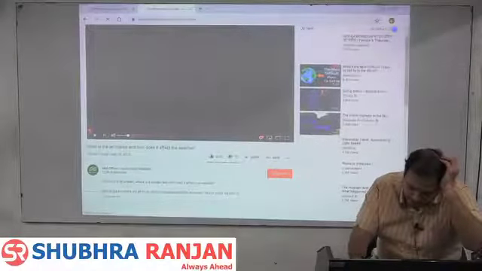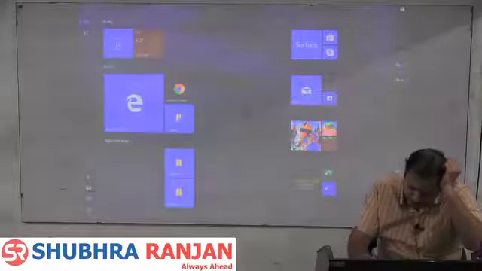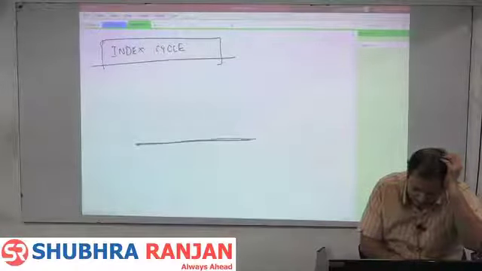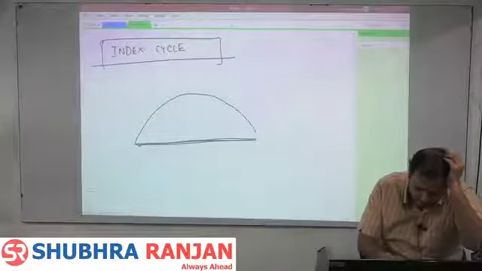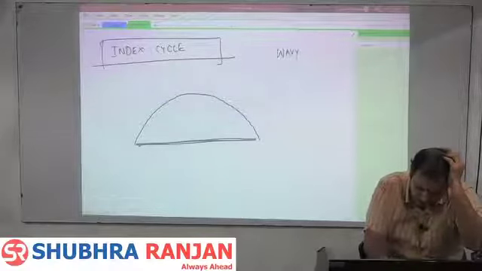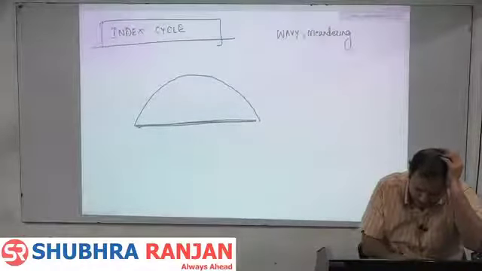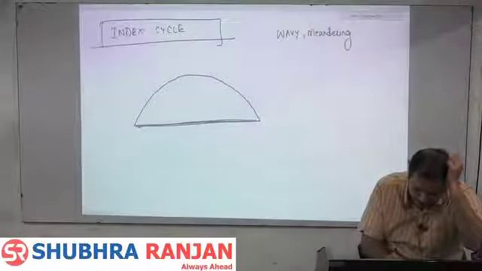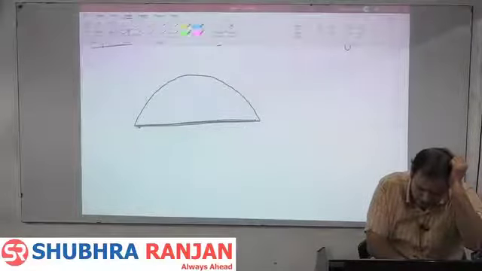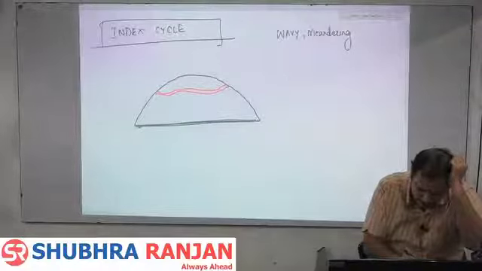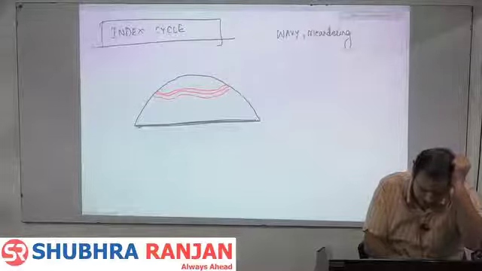The period of transformation of a jet stream from a straight path to a wavy meandering path is known as an index cycle. The wavy meandering path is known as Rossby waves.